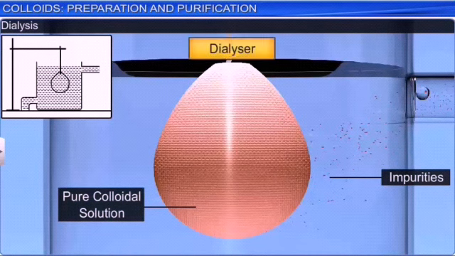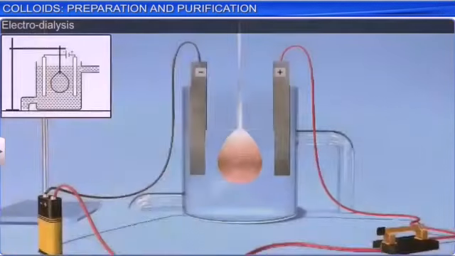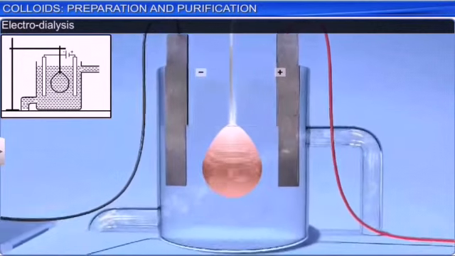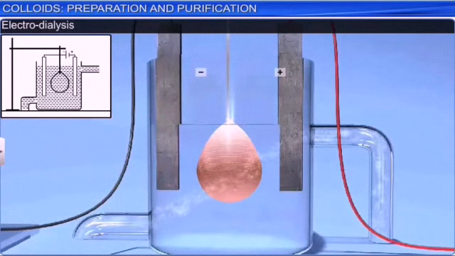The modified form of dialysis is called electrodialysis. The ordinary dialysis process is a slow process. To ease the process of purification, dialysis is carried out by applying an electric field. In this process, two electrodes are placed in a water compartment as shown here.